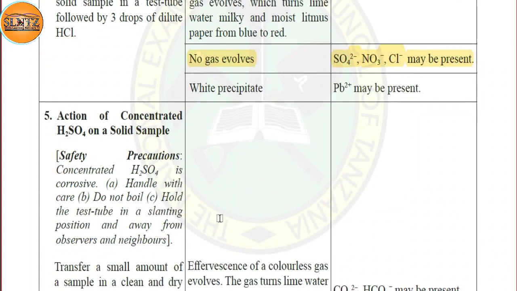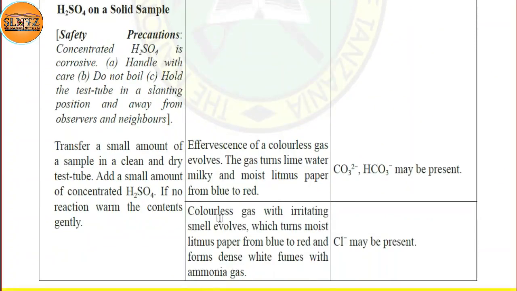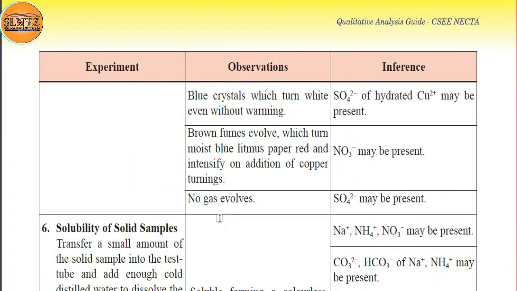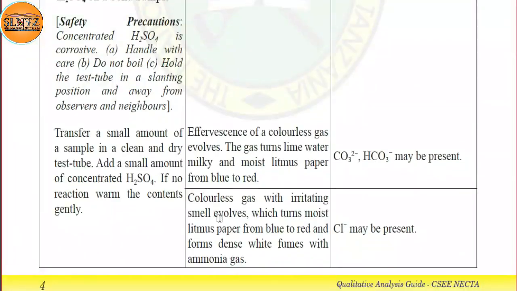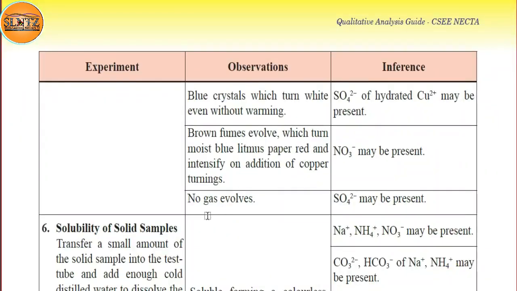Action of concentrated sulfuric acid. You take the sample, you dissolve in concentrated sulfuric acid. Actually at the end you have to warm slightly, and then brown fume will be evolved. Also you have to write brown fume evolved, which turned the moist litmus paper red, and the addition of copper turnings.